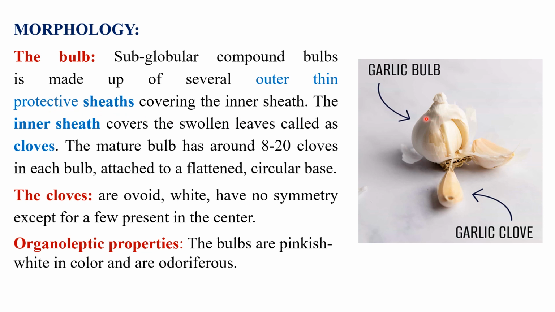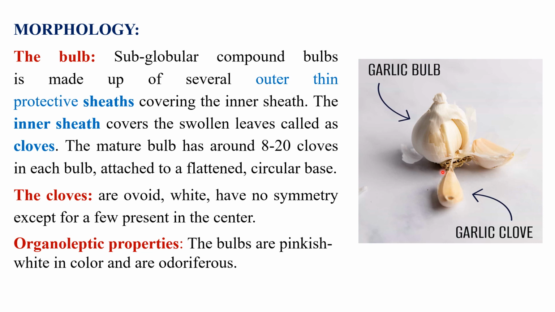This is the outer membranous sheath, several layers, enclosing swollen leaves called cloves, which are what we actually use from the garlic. The mature bulb has around 8 to 12 to 20 cloves in each bulb, attached to a flattened circular base.